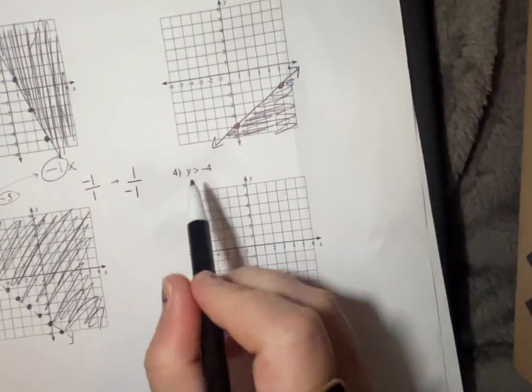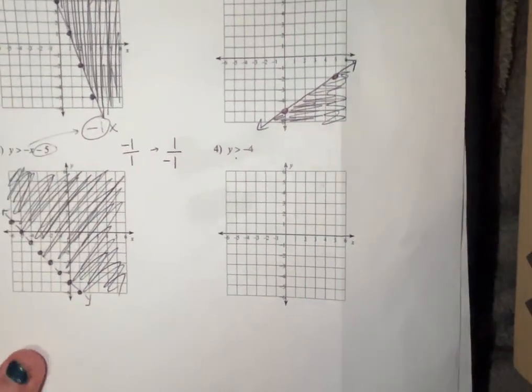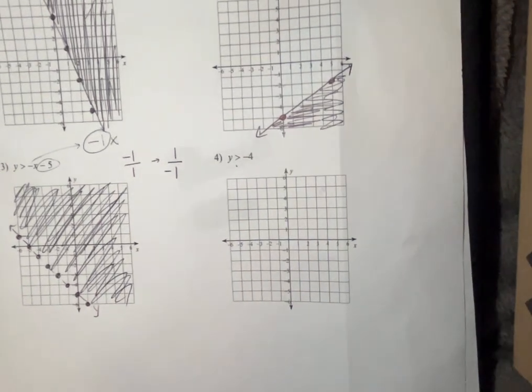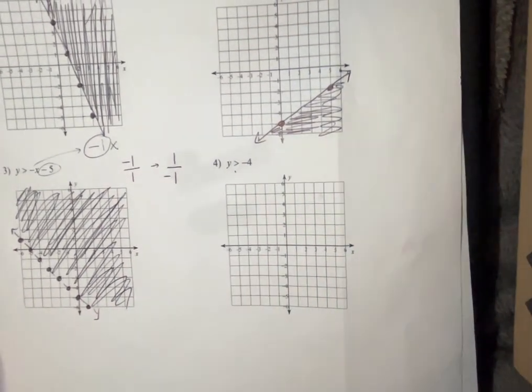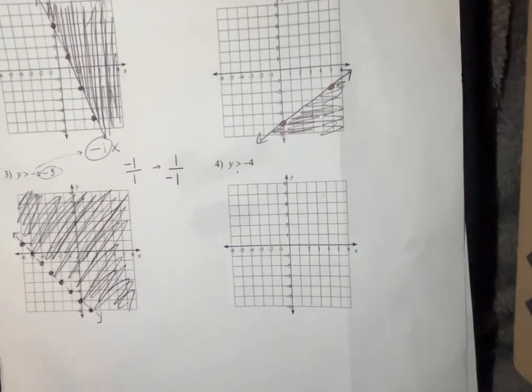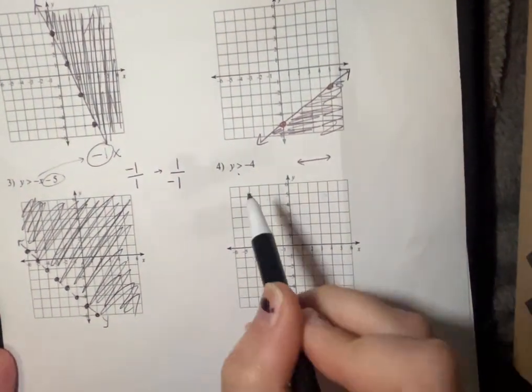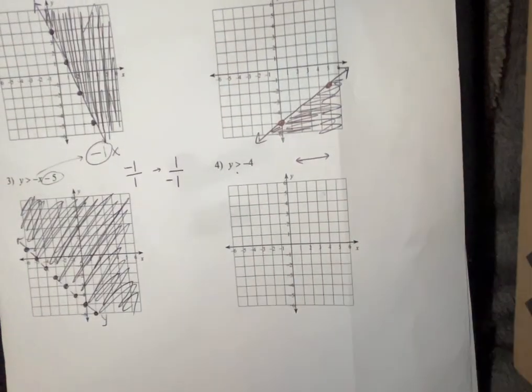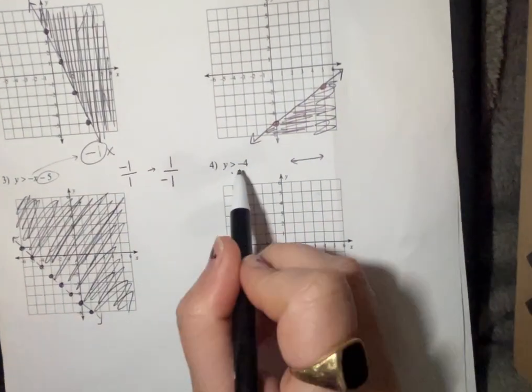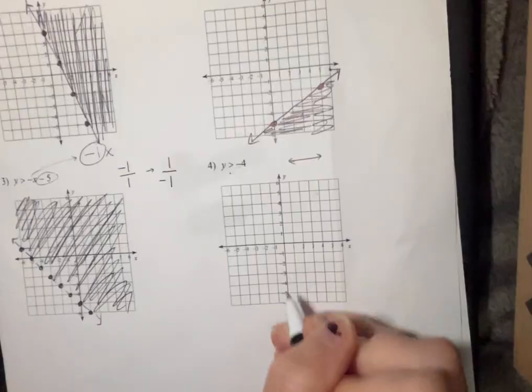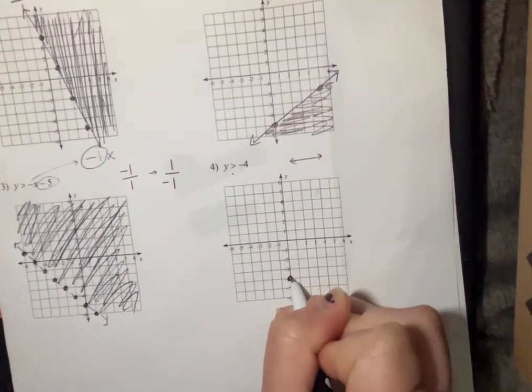Last one. Looks weird. Don't like it. There's no x's. Well, don't worry. If it's just a y and nothing else, it's going to be a horizontal line, right? It's going to go through the y-axis at negative 4.